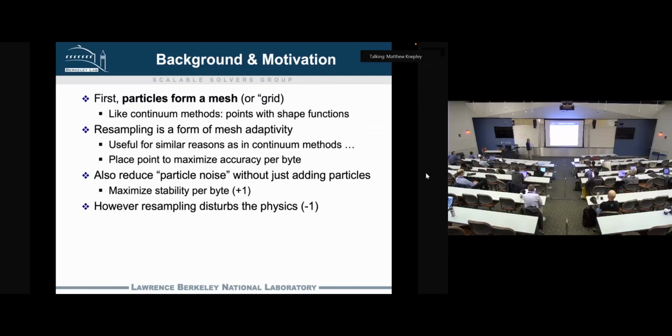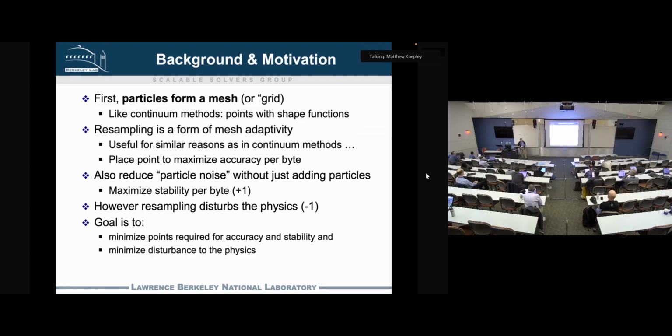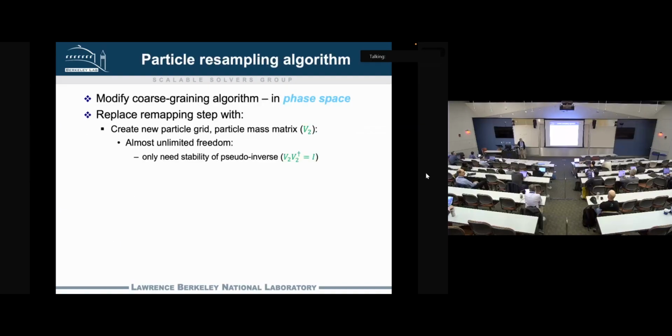However, resampling, unlike continuum AMR, does disturb the physics. And so the overall goal in this type of work is to minimize the amount of work for the accuracy and stability, and to minimize the amount of disturbance, if you will, being fairly vague about it, to the physics.